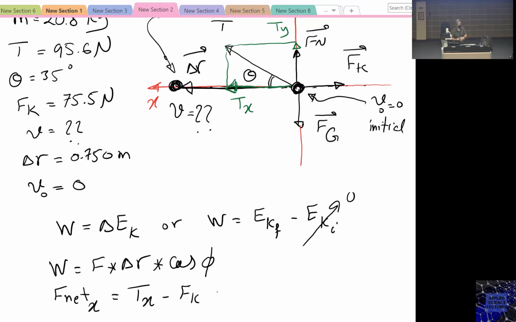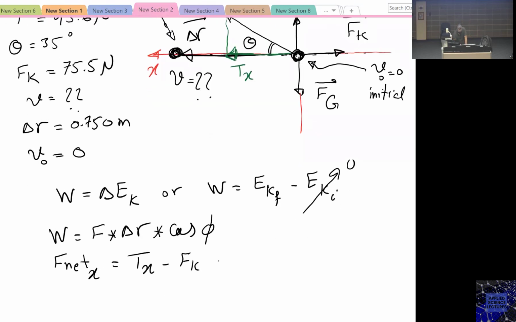That's the force that is exerted on the wagon that is resulting in the induced work. What's the angle between this force and my displacement?